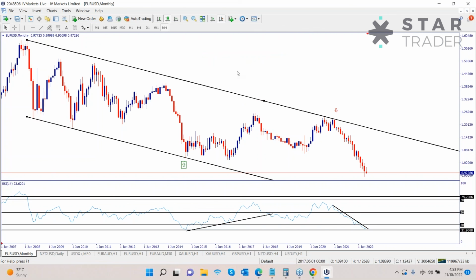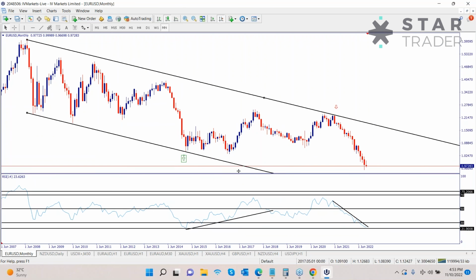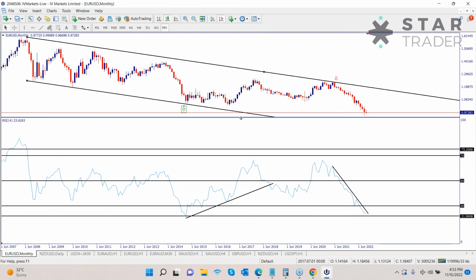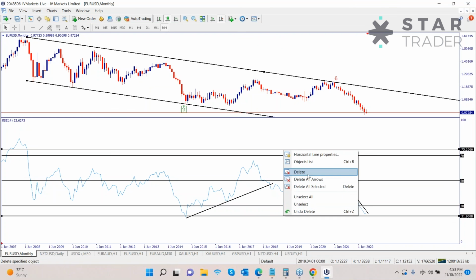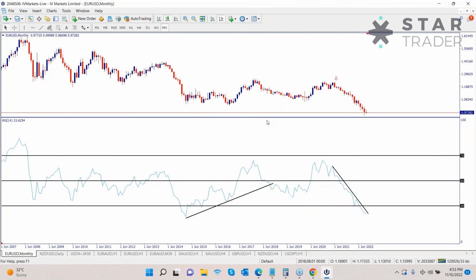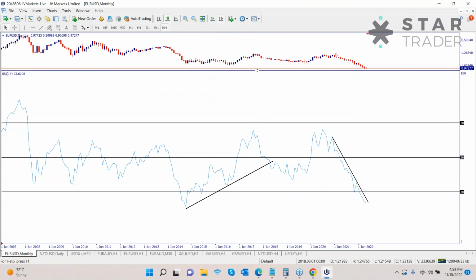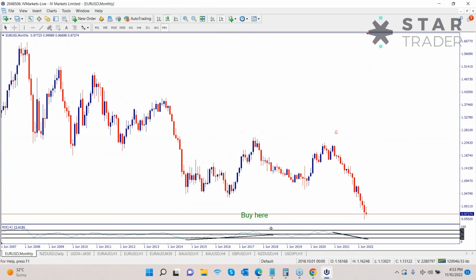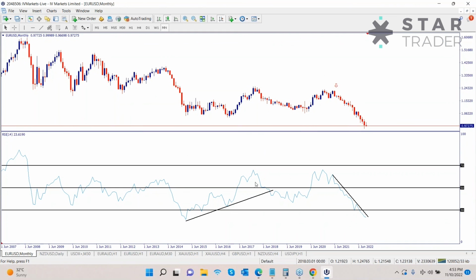Well, the first question is about the indicator window. Yes, this is the indicator window. It depends what indicator you are using, right? So if you're using RSI, it will be in another window. You can extend the window, you can hide the window. It depends on you.